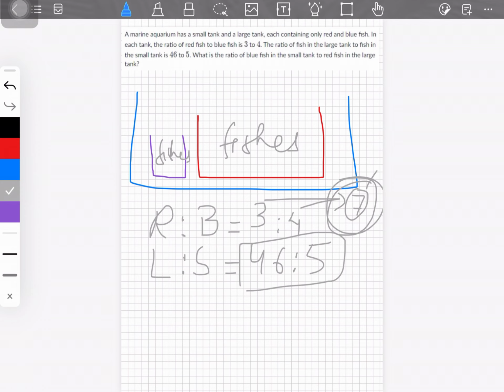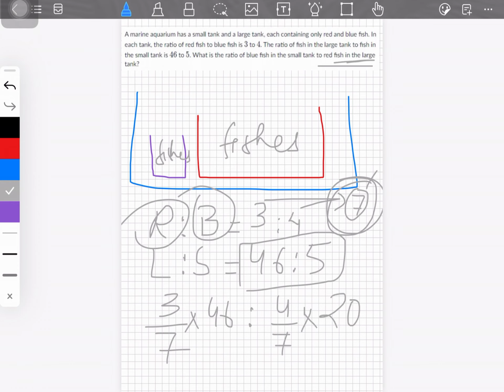So it is 3 over 7, that is the fraction of red. What do we want? Red fish in the large tank. So that means 3 by 7 of 46 to 4 over 7 of 5. This is the most important step. If you get this, then the whole question is done.